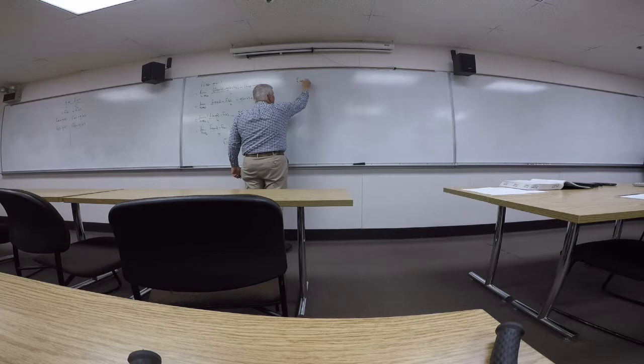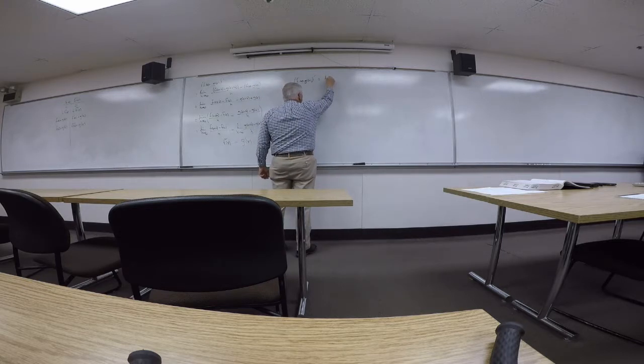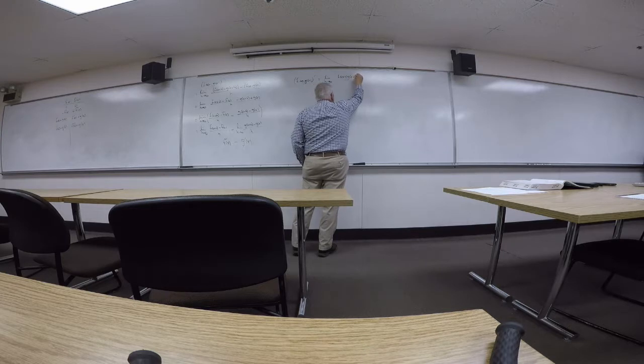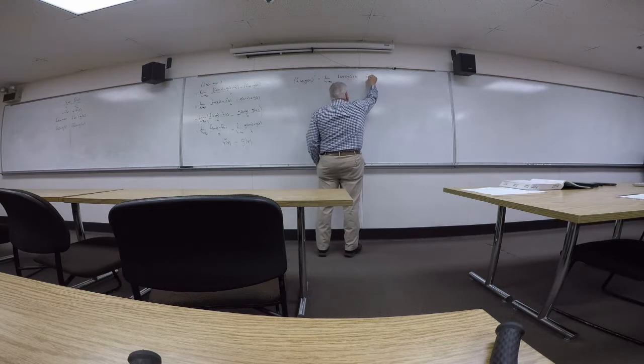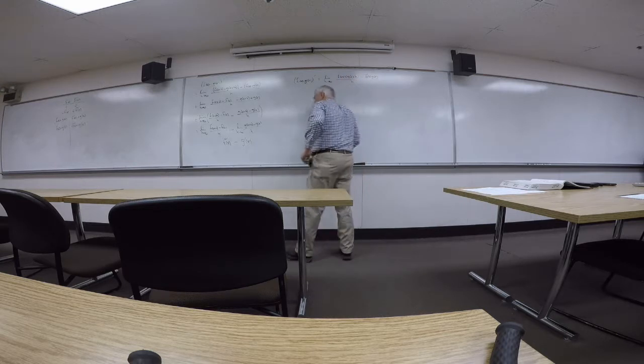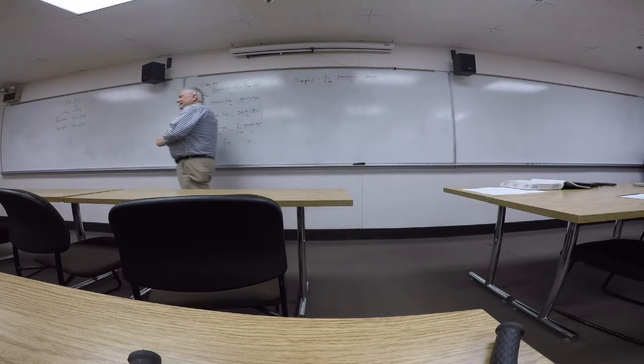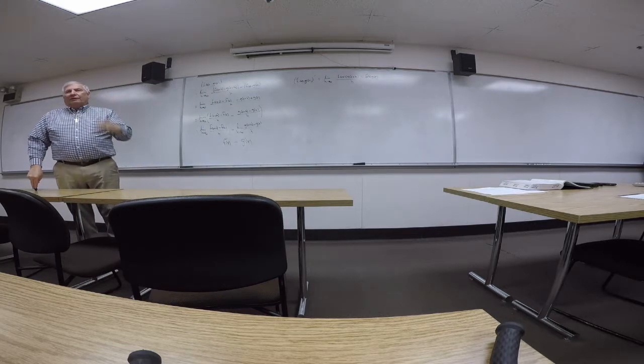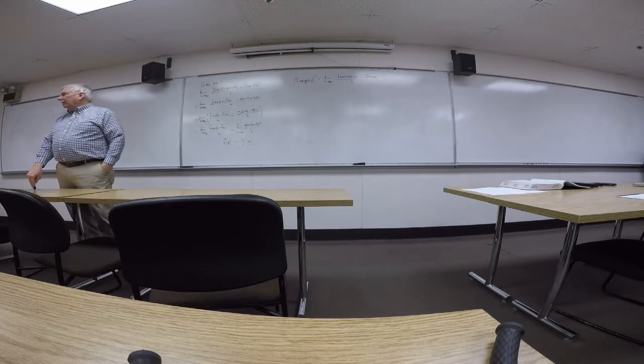The derivative of f of x times g of x is the limit as h approaches 0 of f of x plus h times g of x plus h minus f of x times g of x over h. Well, algebraically, as it is, there's not much I can do with it. But you're familiar with multiplying by 1.